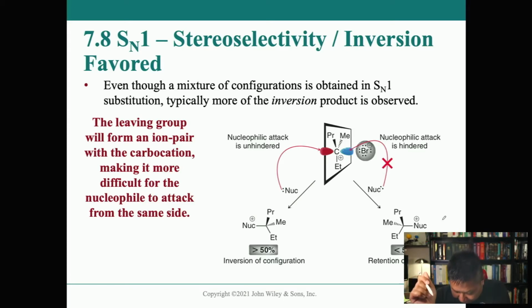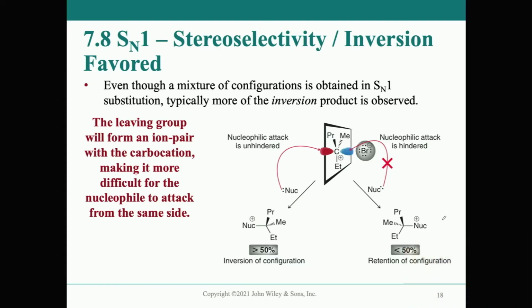So interestingly enough, and let me move my head out of the way here for this part. There we go. Interestingly enough, even though the bromine has already left, the nucleophilic attack is still hindered a little bit because the ions still form a pair with each other.